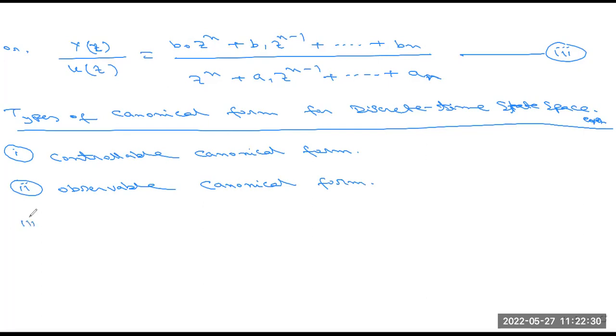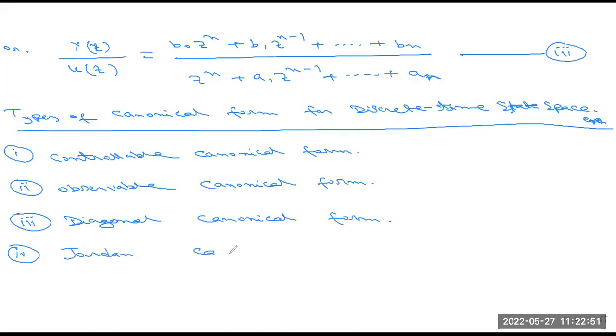Number three, diagonal canonical form. And number four, Jordan canonical form. So these four types of discrete time state space equations in the canonical form we have to classify.